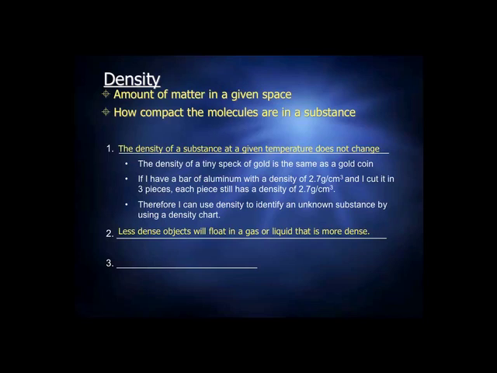Will this block of balsa wood float in the air? No. Why not? Because air doesn't have density. It does have density. Just very low. Why won't it float in the air? Because the air is more dense. This is more dense than air, therefore it won't float. So, less dense objects will float in a gas or liquid that's more dense.